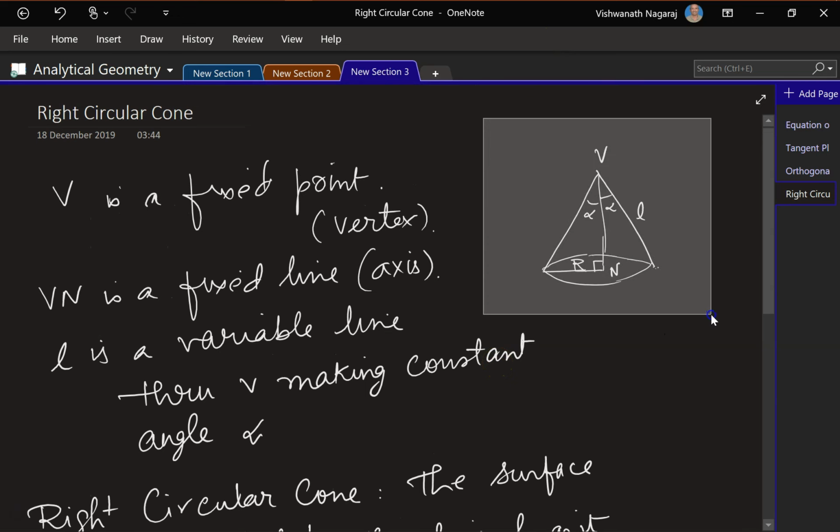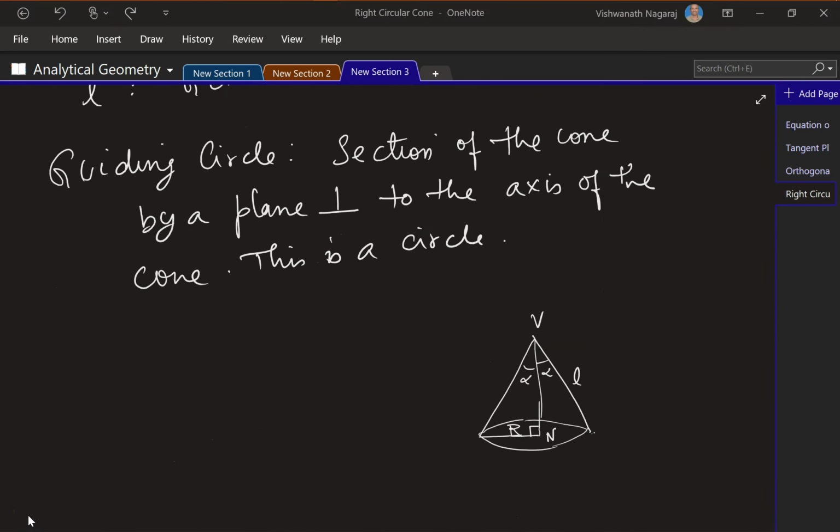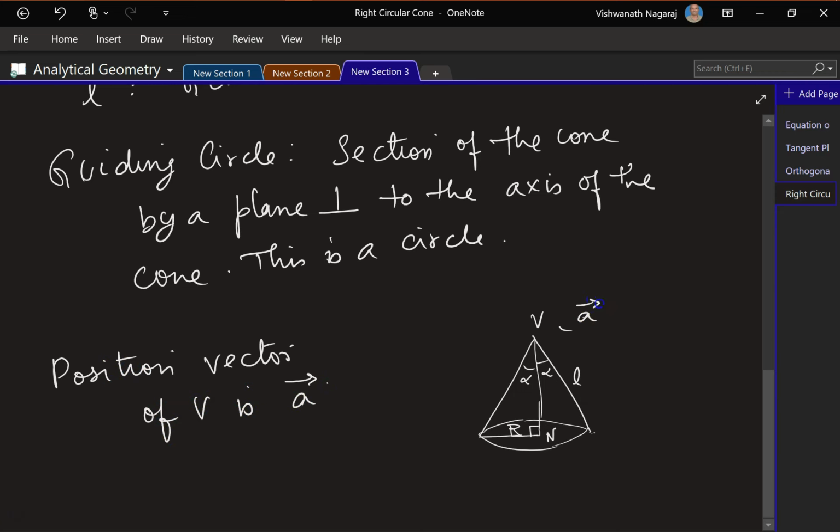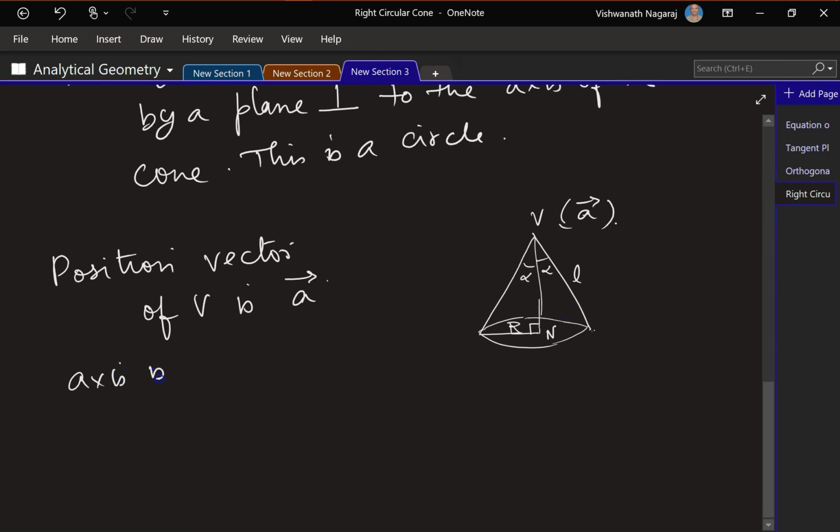So let's copy this. Let's say the position vector of V is A. So this is A. Axis is along, let's say, vector beta.